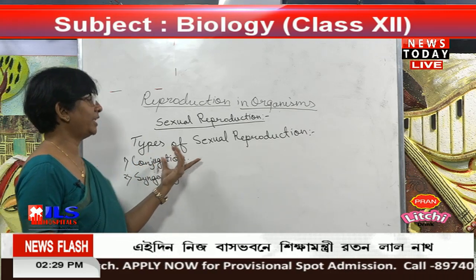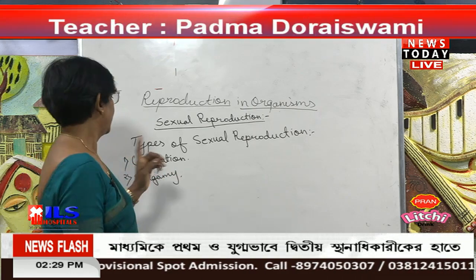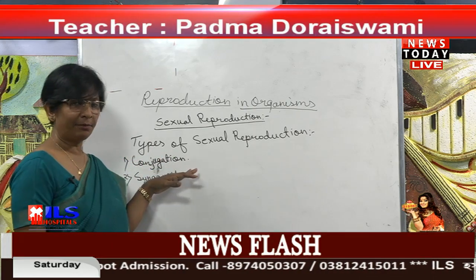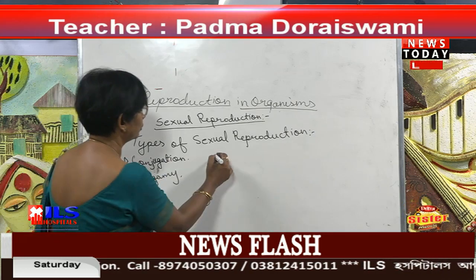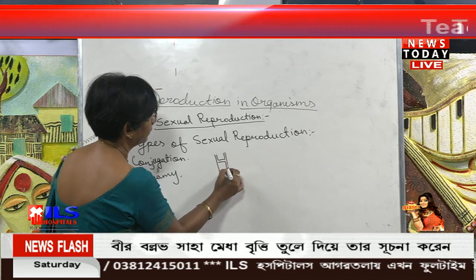Conjugation means when the same species produces male and female gametes, and they come close together, as in the example of Spirogyra.